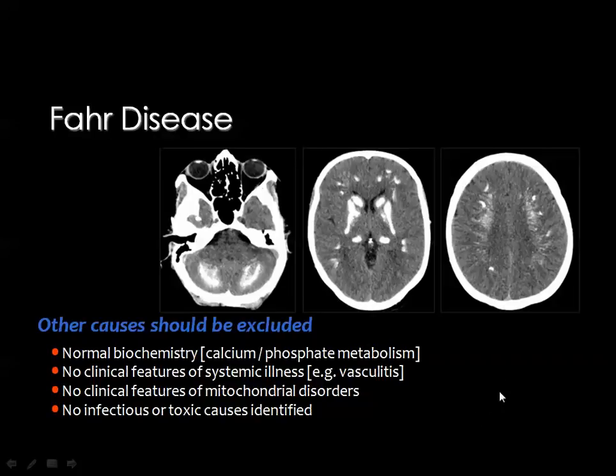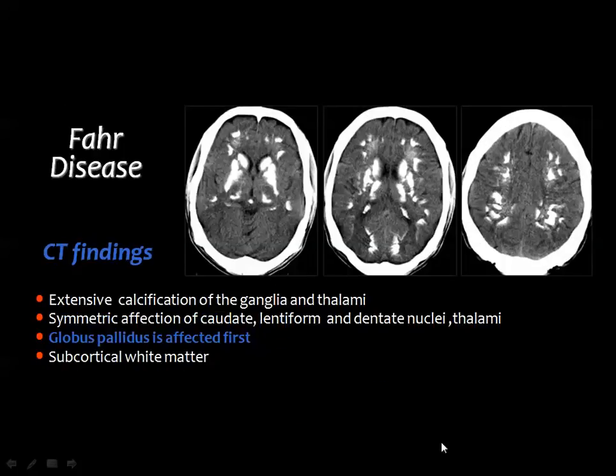So we should exclude other causes by the normal biochemistry, including calcium and phosphate metabolism, no clinical feature of systemic illness like vasculitis, for example, no clinical features of mitochondrial disorders, and no infection or toxic causes identified.